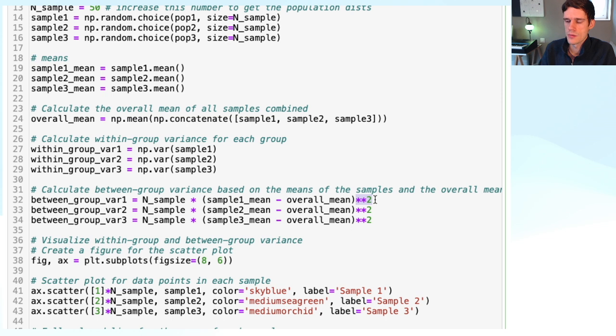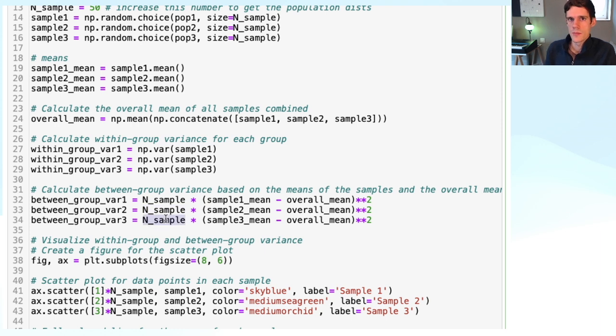We square this difference, which is done to compute the variance, and this we do for each sample. So for sample 2 and for sample 3. Now, because in some scenarios we might have samples with different sample sizes, and because we need to take this into account when we compute the between variance mean, we multiply each of these numbers with the number of sample points in the corresponding sample dataset.